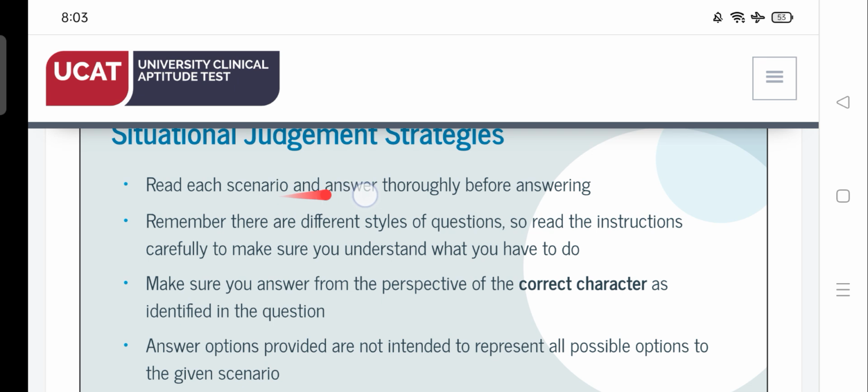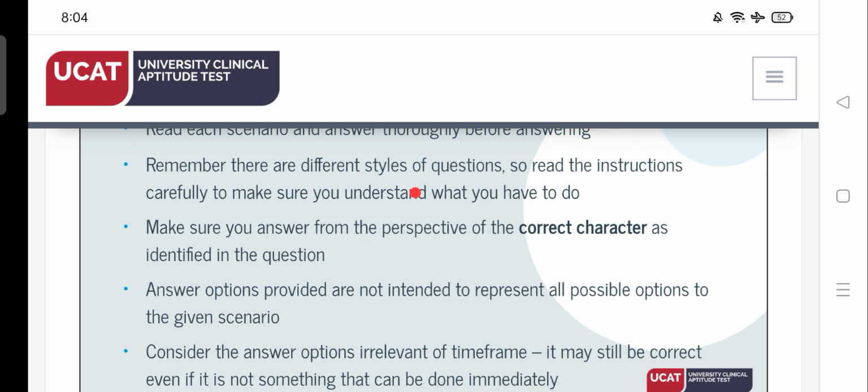Read each scenario and answer thoroughly before answering. Remember, there are different styles of questions, so read the instructions carefully to make sure you understand what you have to do. Make sure you answer from the perspective of the correct character as identified in the question.